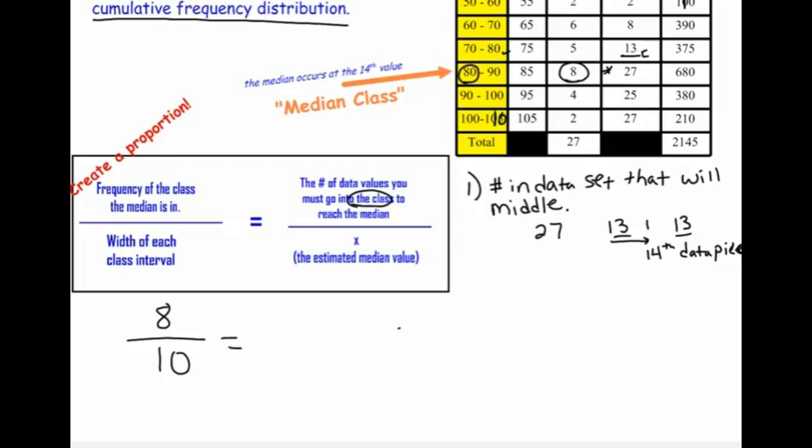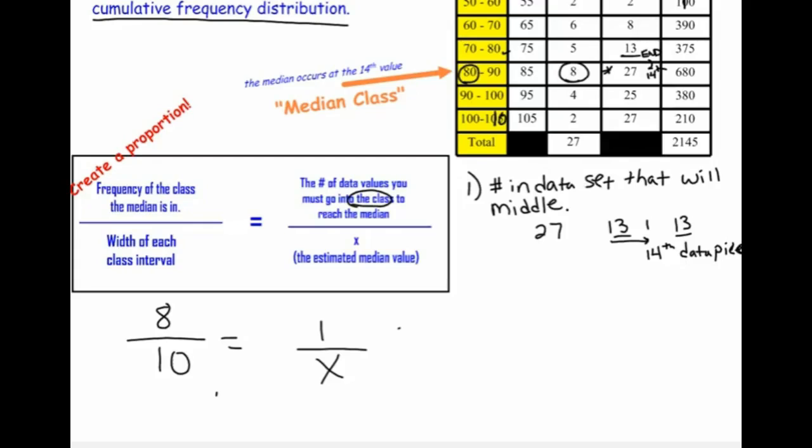So I ended at the 13th data point when I was in that 70 to 80 range. The 14th data piece will actually be the very first data piece in the 80 to 90 range. So the first one, and then I'm going to do an estimate of how far into that range it is.